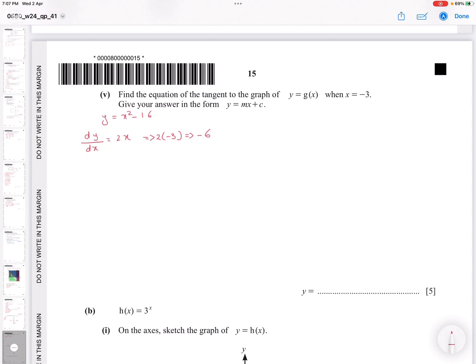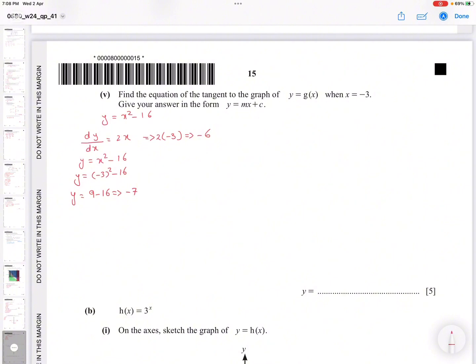Okay, now we need to find out the y coordinate. So y equals x squared minus 16, we have already been given the x coordinate. So y equals minus 3 squared minus 16. So y equals 9 minus 16, and this gives us negative 7.